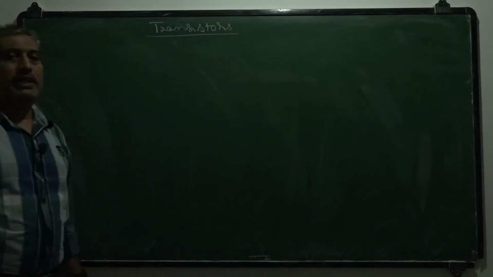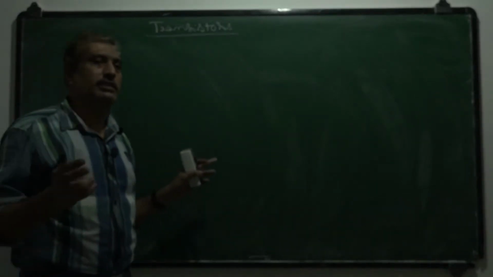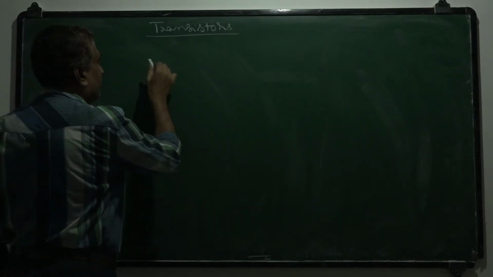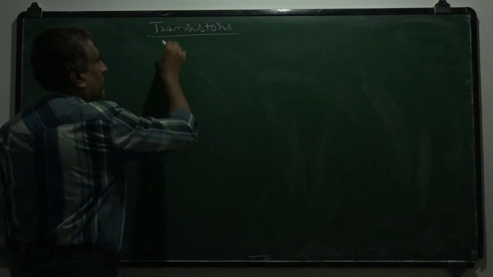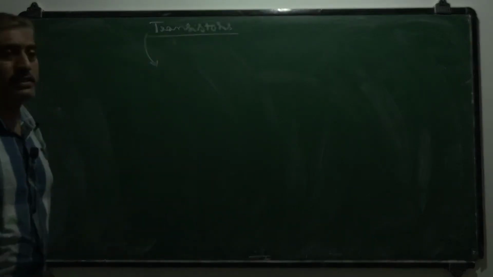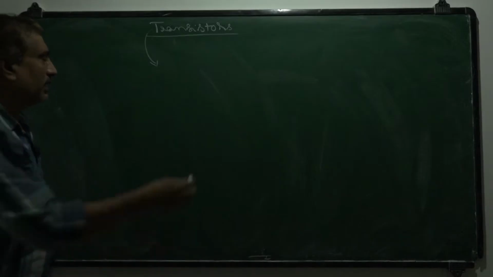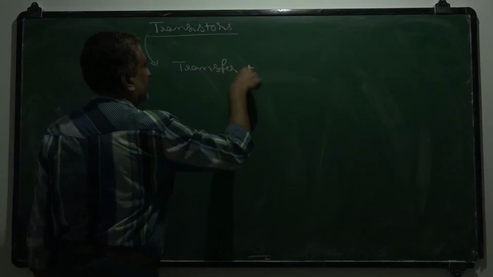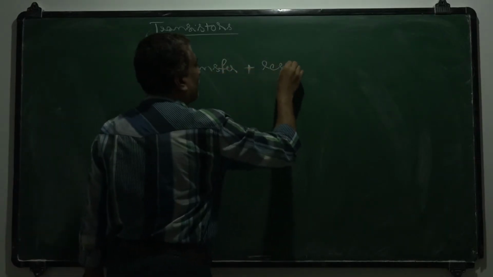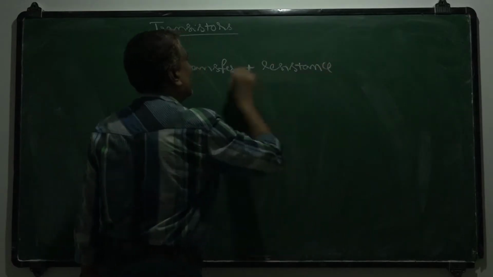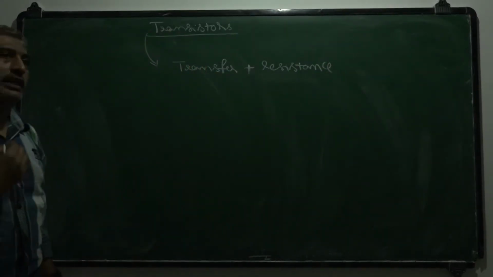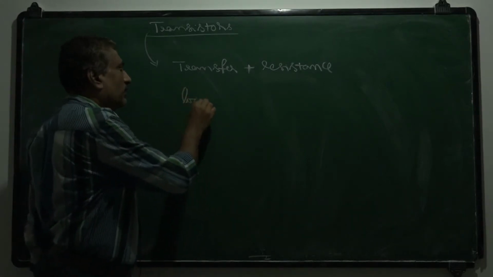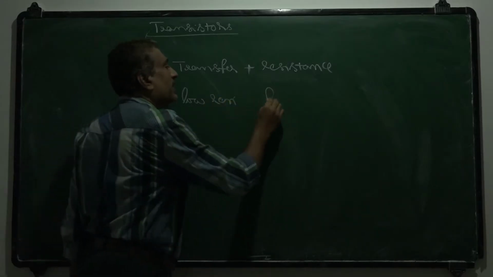So a transistor consists of two p-n junctions back to back. The name transistor was derived from transfer resistance. That means in this device the current is allowed to pass from a low resistance circuit to a high resistance circuit.